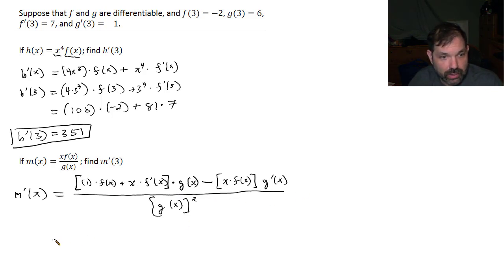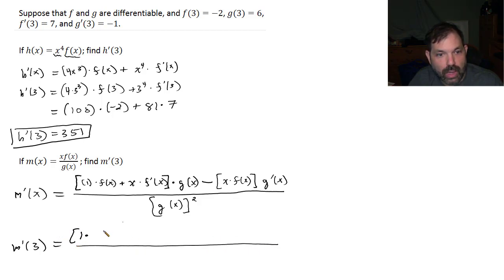So now m prime of 3 would be 1 times f of 3 is 7, plus x, that's 3 times f prime of 3 is, oh, I made a mistake already. 1 times f of x.